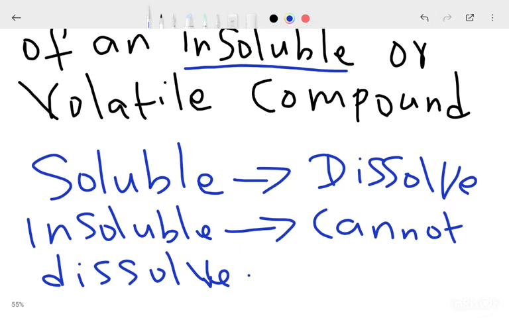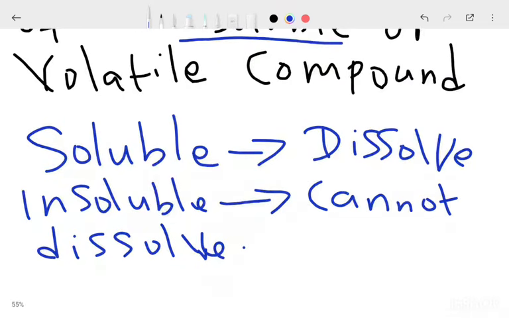There are some substances that can dissolve in a particular one, but if you put them in other substances, they will not dissolve. So any substance that can be dissolved is soluble. But if that substance does not dissolve, it is insoluble. Are you getting it?